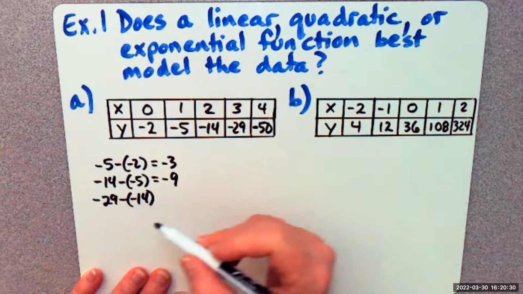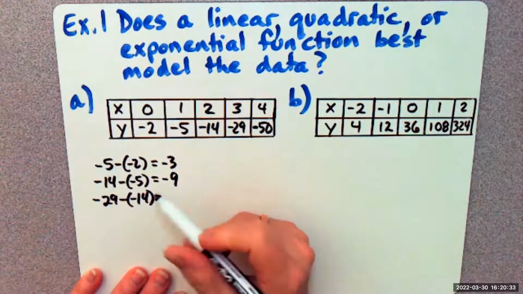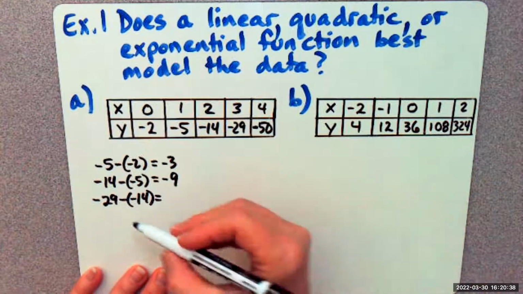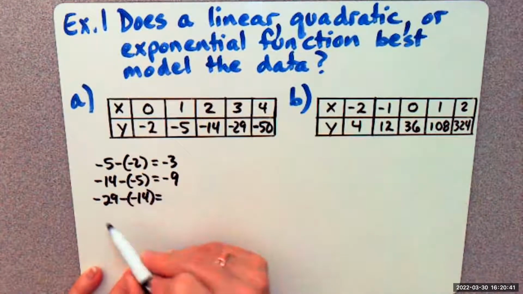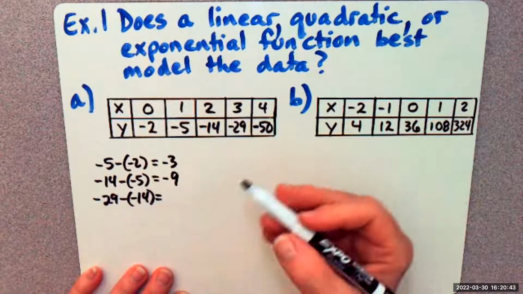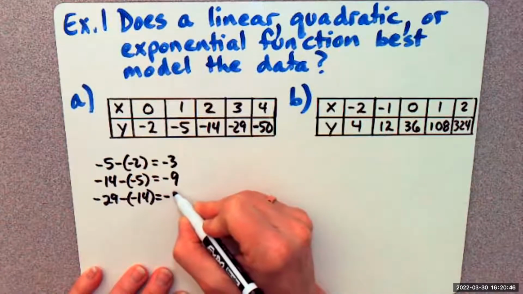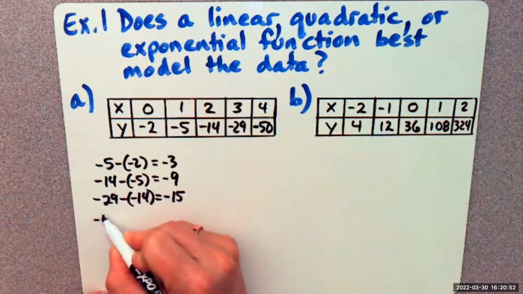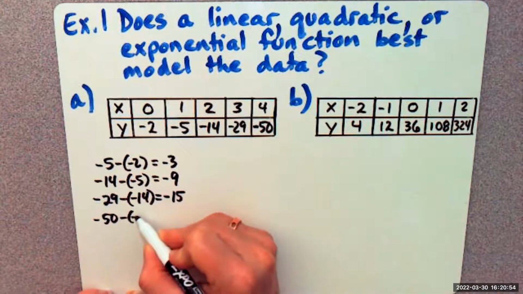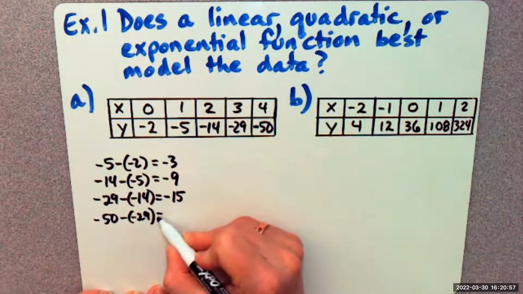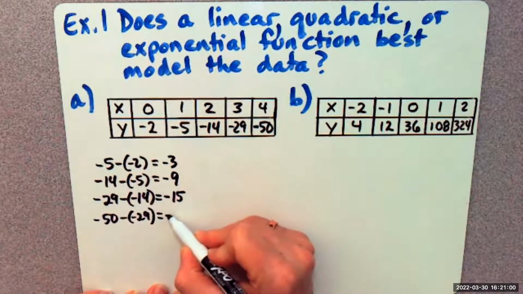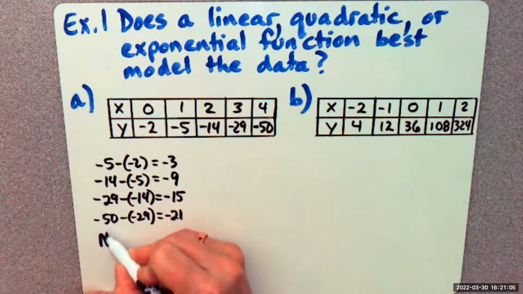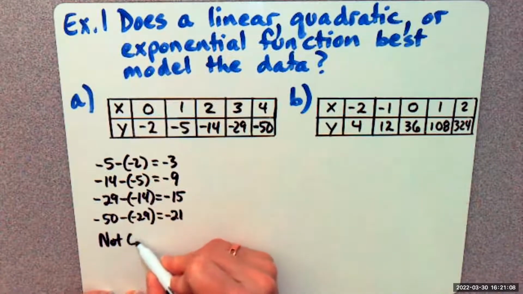Two negatives act like a positive, so -29 plus 14 gives us -15. And then one more, -50 minus -29 gives us -21. So this is not a constant.